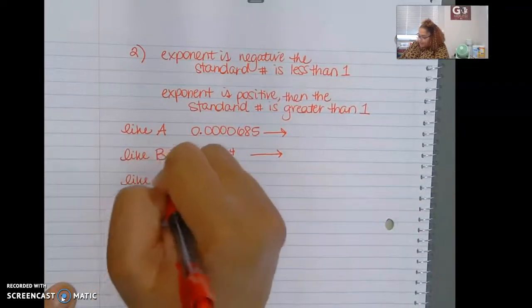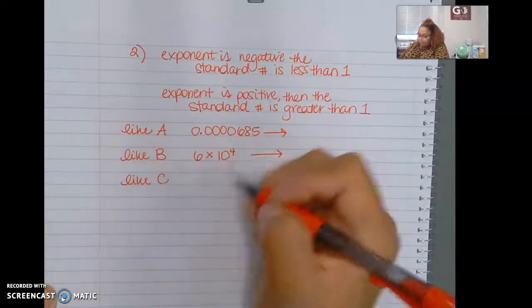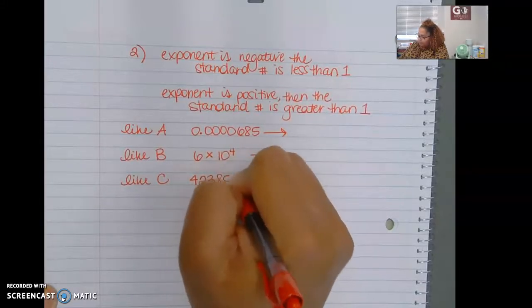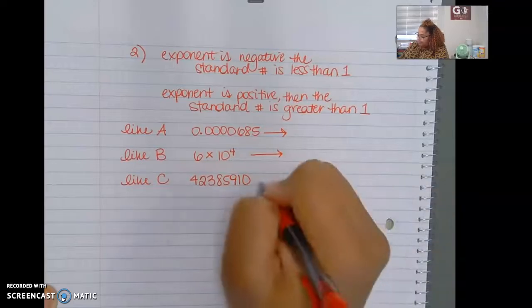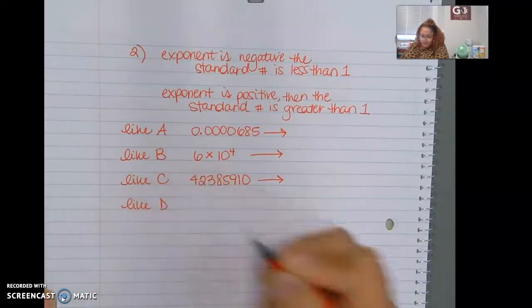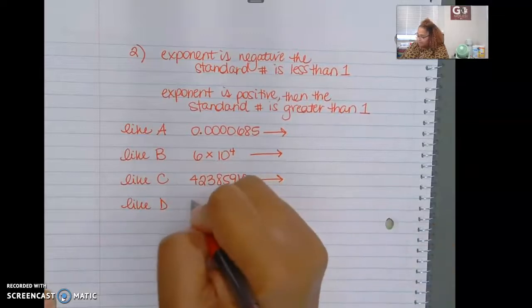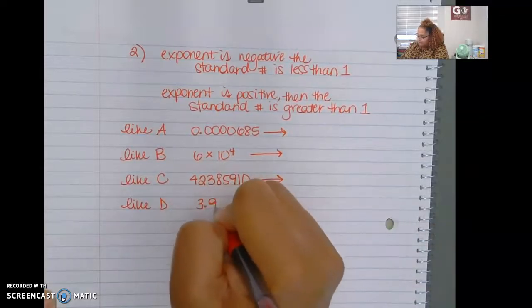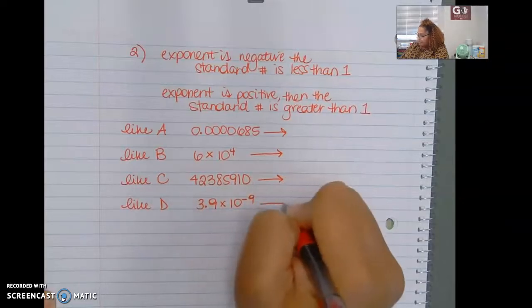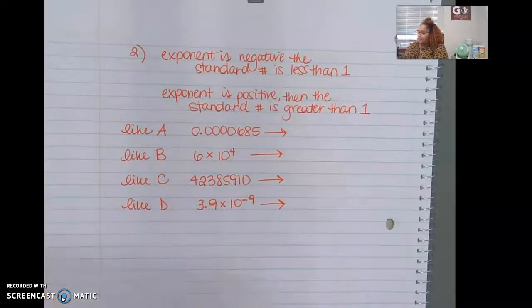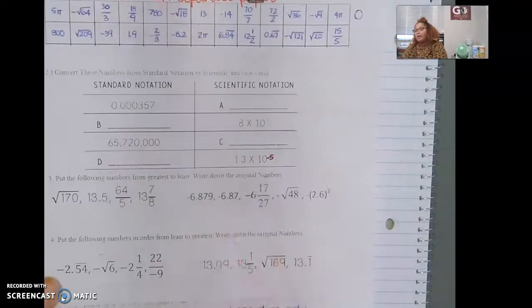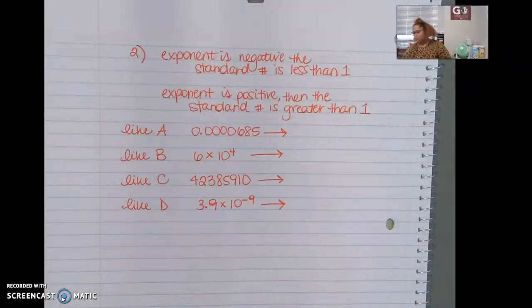And like letter C. And like letter D. This is negative, by the way. This is a negative 5. Okay. Excuse me.